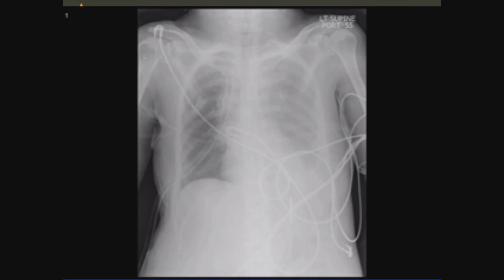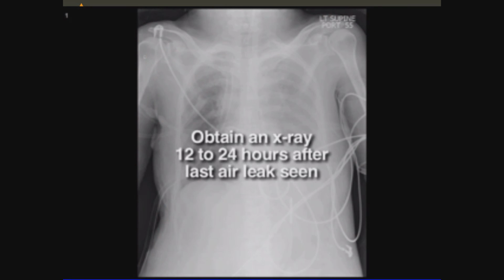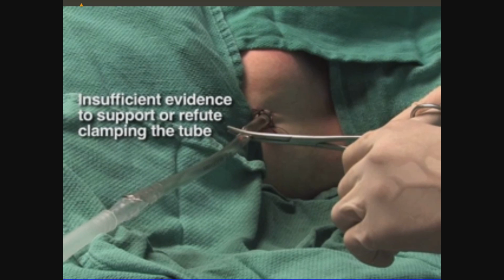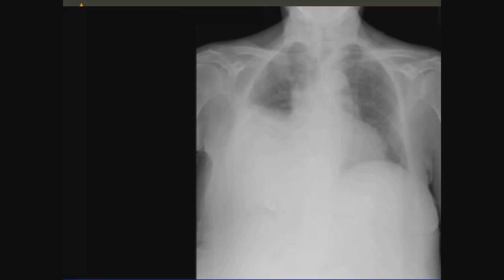Most physicians will perform a chest X-ray 12 to 24 hours after the last evidence of the air leak prior to removing the tube. The decision to clamp the chest tube to check for a persistent air leak is one that is practitioner dependent, and there is insufficient data to support or refute this practice.